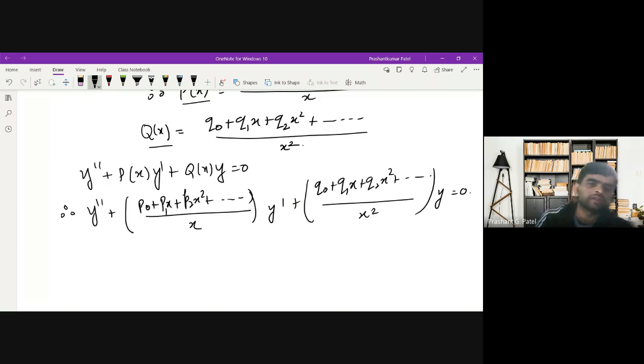Again, we have the values of y double dash and y dash. We can substitute them here and compare the coefficients on both sides.